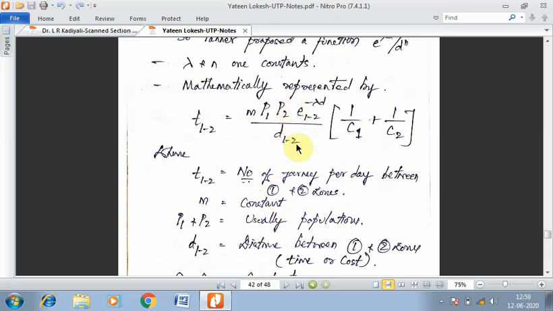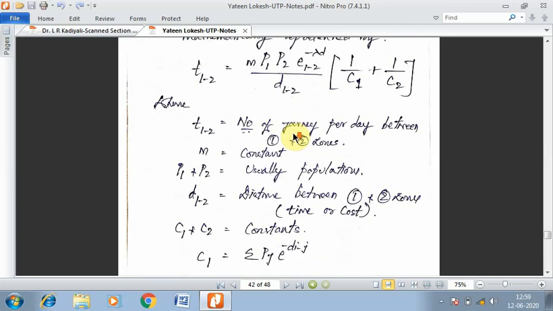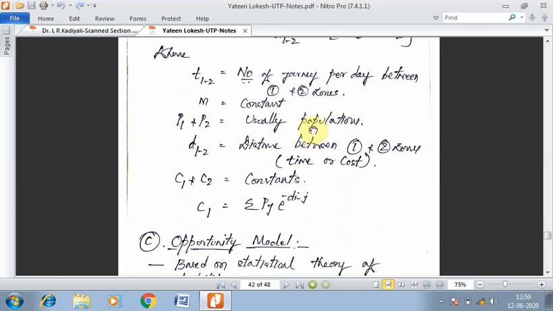Then you have D12, which is the distance between zone 1 and zone 2. This distance or spatial separation can be in terms of cost, or time, or even measurable distance. Then you have C1 and C2, which are again constants, where C1 can be determined using this equation, and on similar grounds you can determine C2.